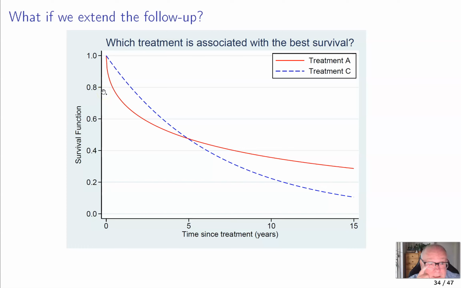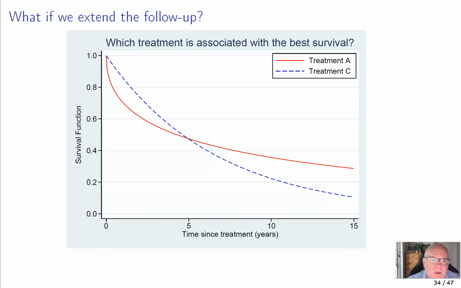For a young patient who has a long expected lifetime remaining, you might be looking more at long-term survival. But this is dependent on the situation, but from a statistical perspective, the difference between the two curves may and often is dependent on time.